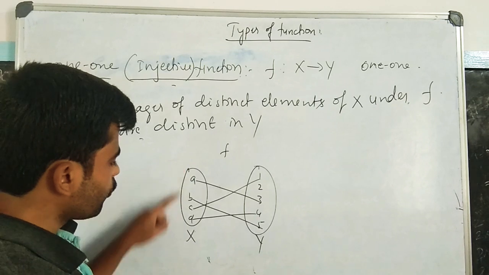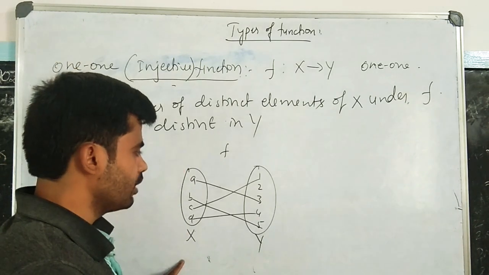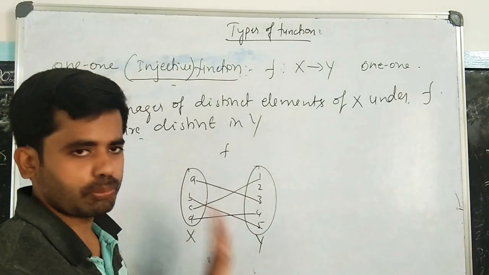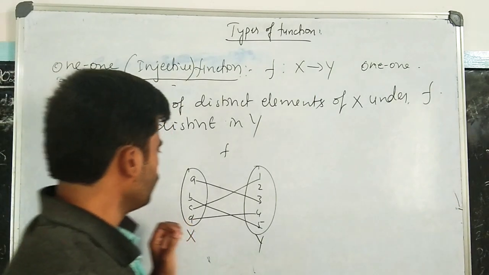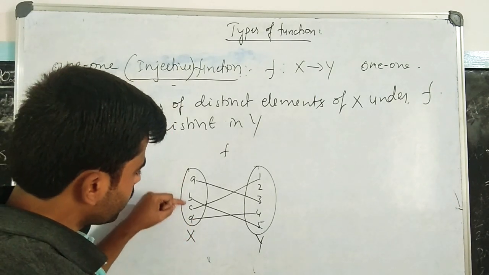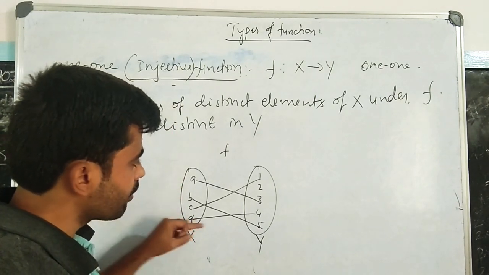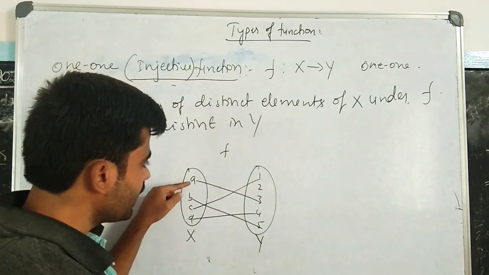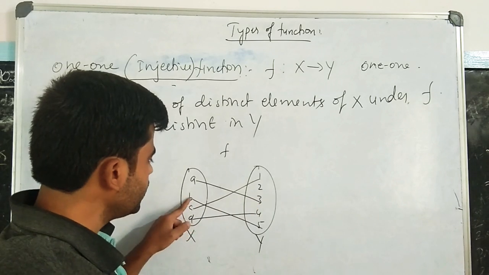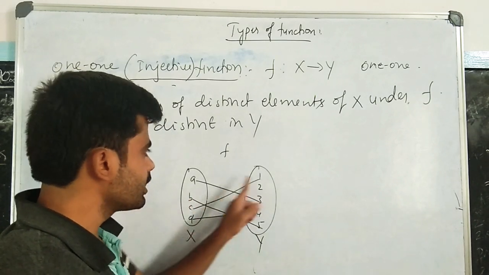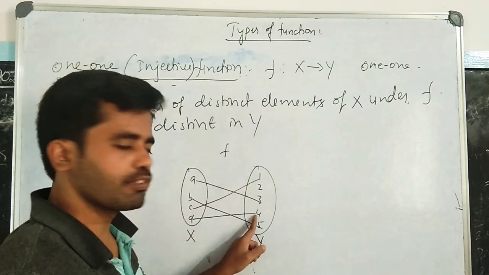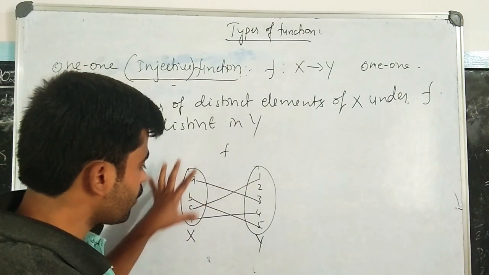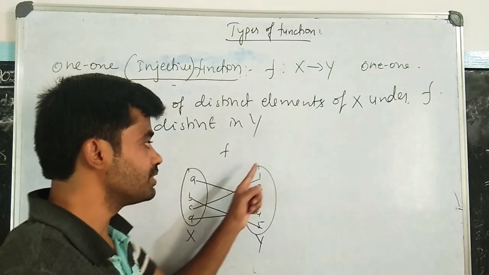Here there are 4 elements in the domain, and 5 elements in the codomain. Now all the elements in X have different images in Y. A has image 3, B has image 5, C has image 1, D has image 4. Different elements of X have different images in Y.